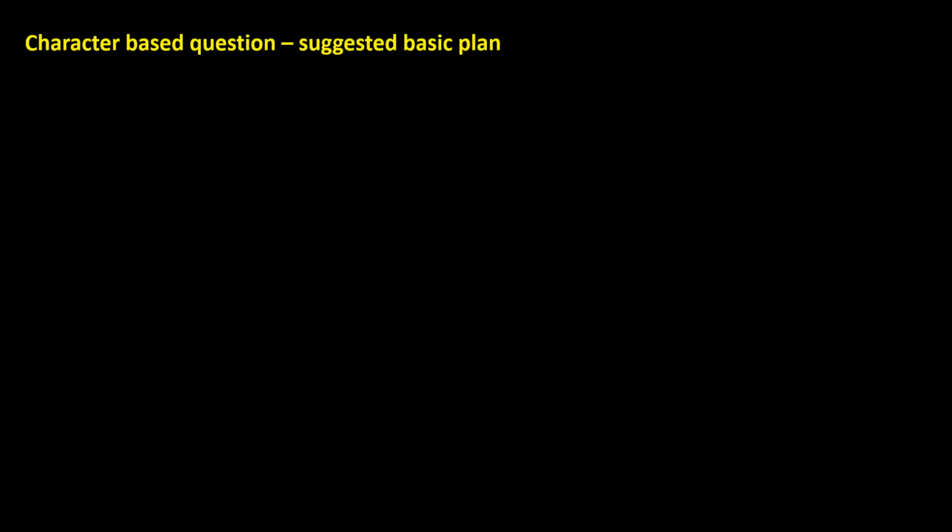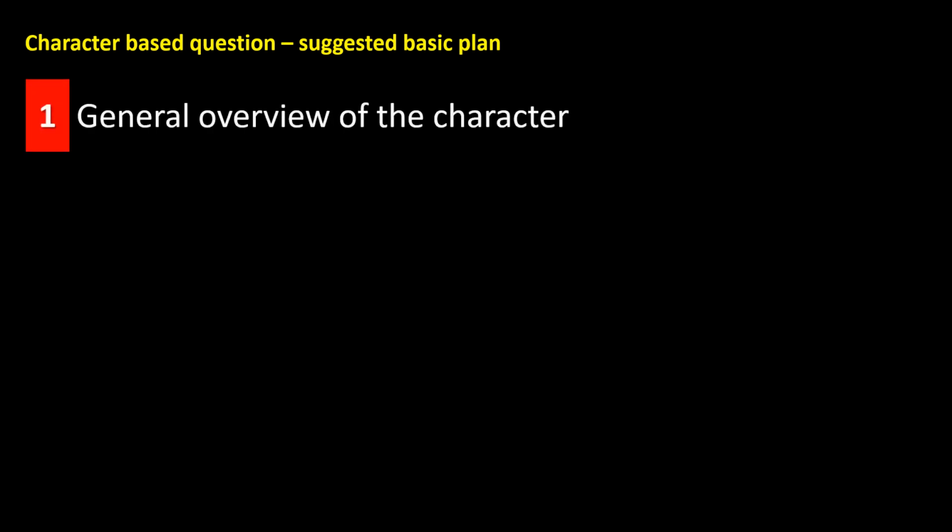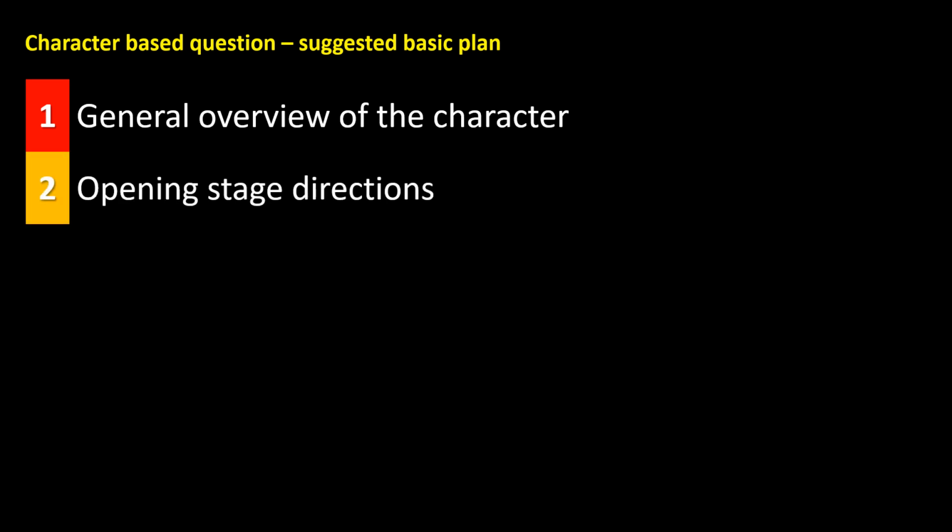You should spend up to 5 minutes thinking through and planning your answer. For a character-based question, this basic 6-part plan is suggested. Begin with a general overview of what the character is like. Comment on what the stage directions from the beginning of the play suggest about them.